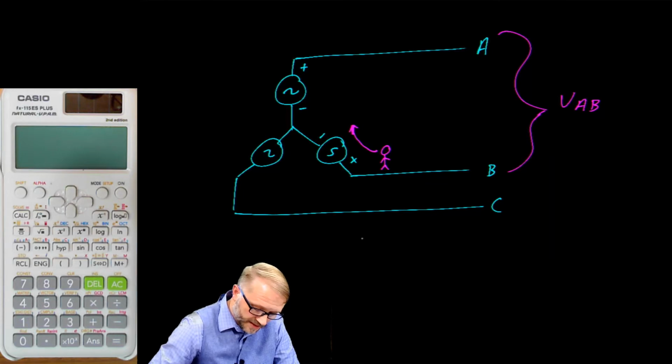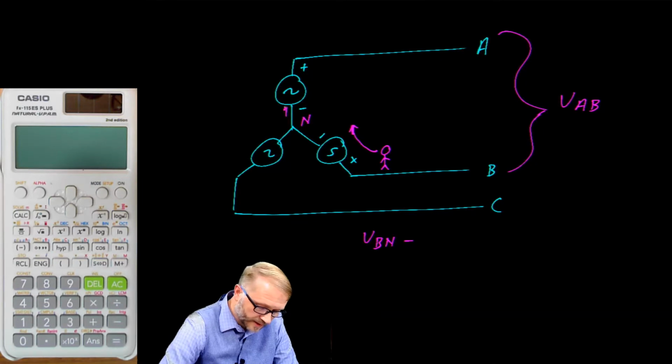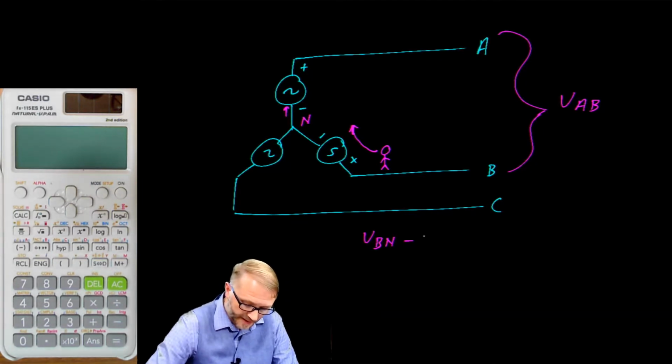So I would say that this is voltage B to N. I'm going to put an N here. We're going to call that a neutral. Minus, because right now we're walking into a negative terminal of a power supply, minus Vn to A plus voltage A with respect to B is equal to 0.